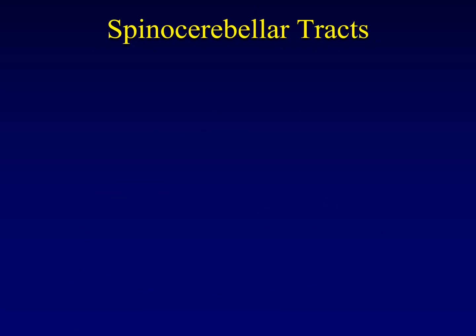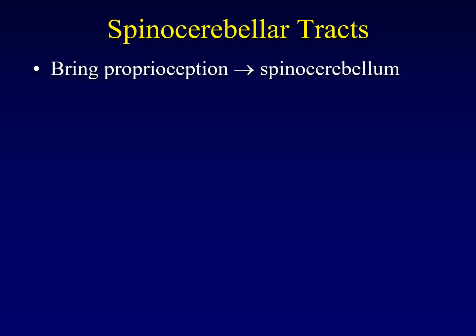The spinocerebellar tracts bring proprioception up to the spinocerebellum. And once again, when you say tract, you're not talking about the cerebellum, right? They have the same primary afferents as the PCML. There's no reason in the world to duplicate axons, duplicate primary afferents, when we have perfectly good primary afferents bringing in information about proprioception.